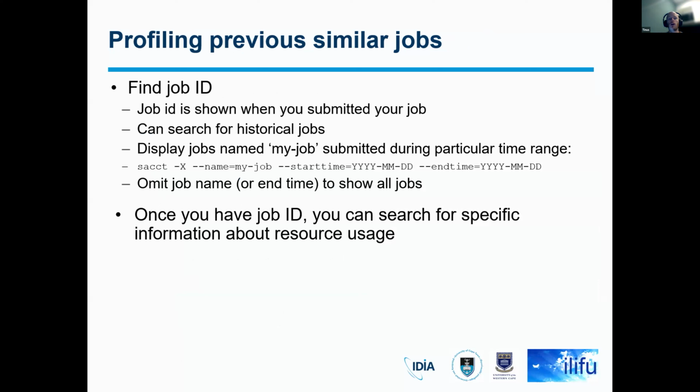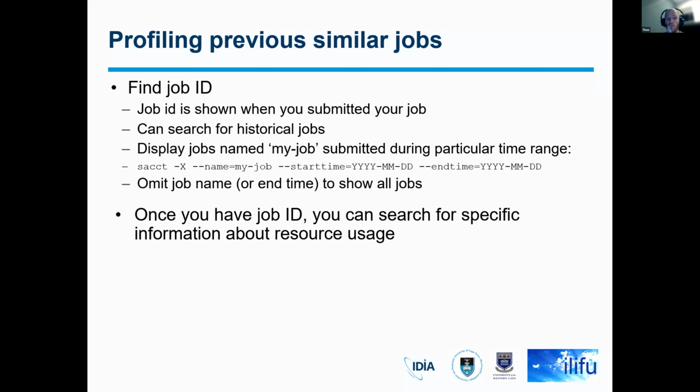Now, in terms of finding the amount of resources that you require, you can always look at previous jobs to see how many resources you actually used. If you ran a very similar job in the past, and you want to find out the right amount of resources to request for future similar submissions, you can first find the job ID for that submitted job.